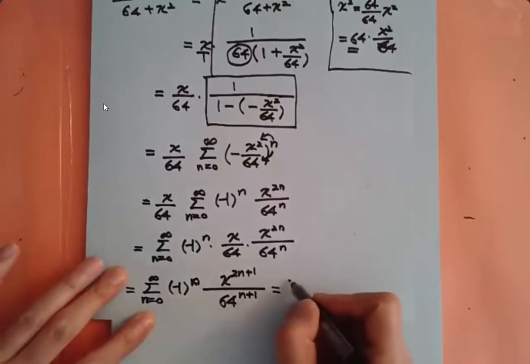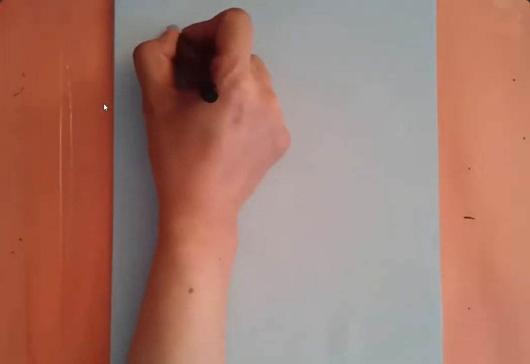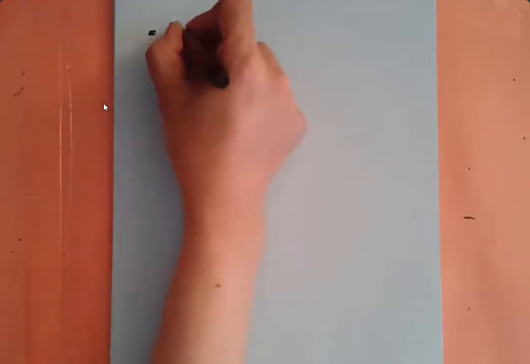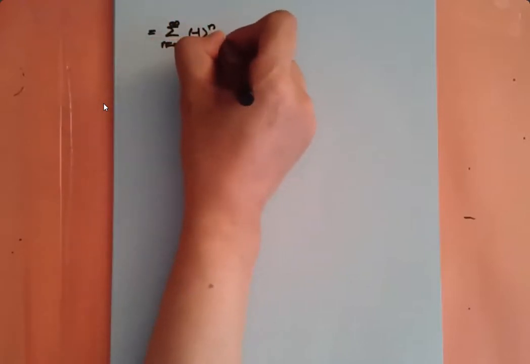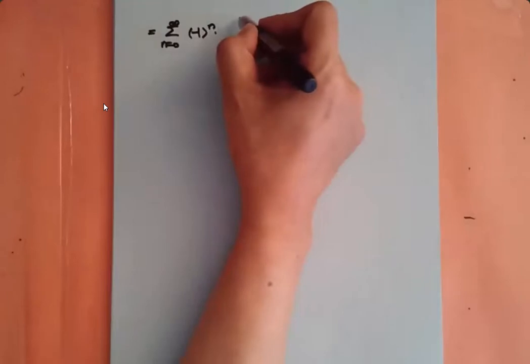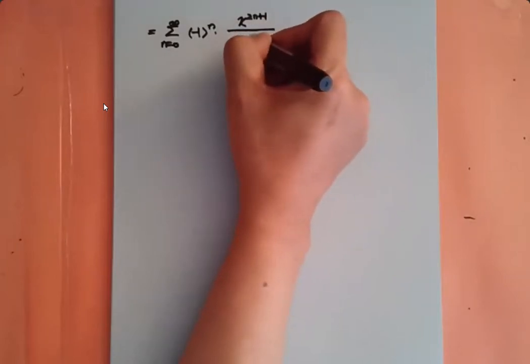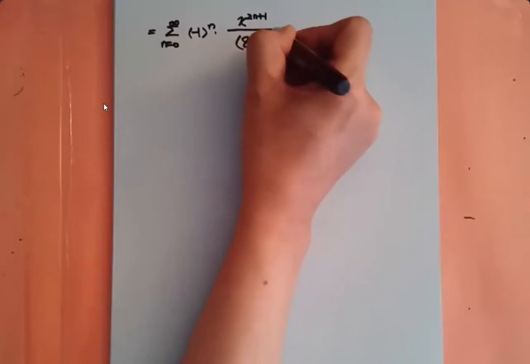This is the summation n equals 0 to infinity, negative 1 to the n power times x to the 2n plus 1 power over 8 squared n plus 1 power.